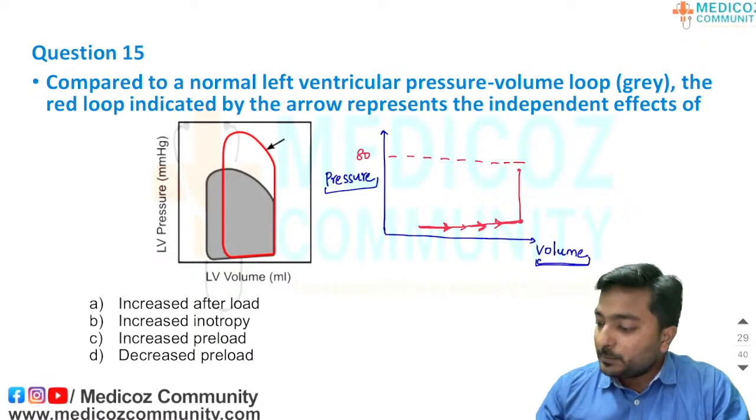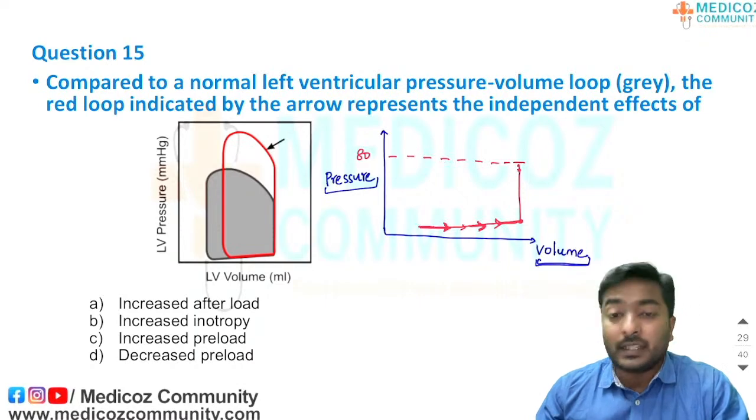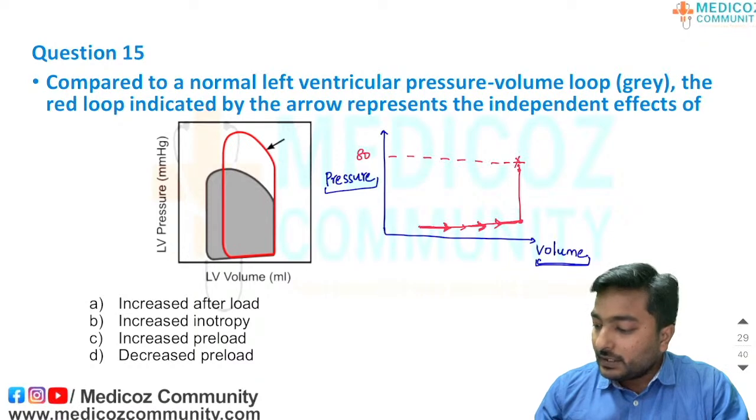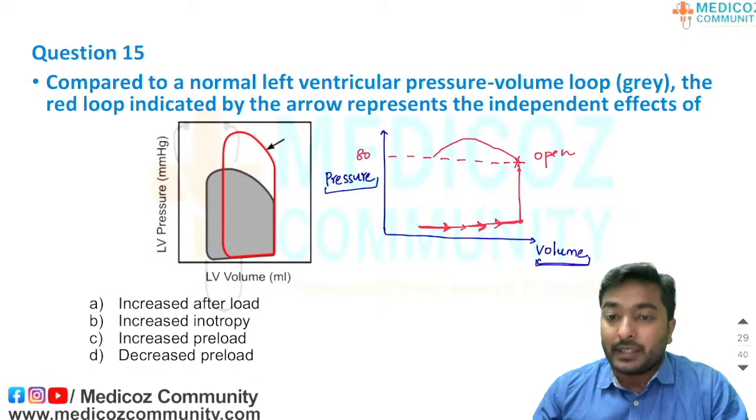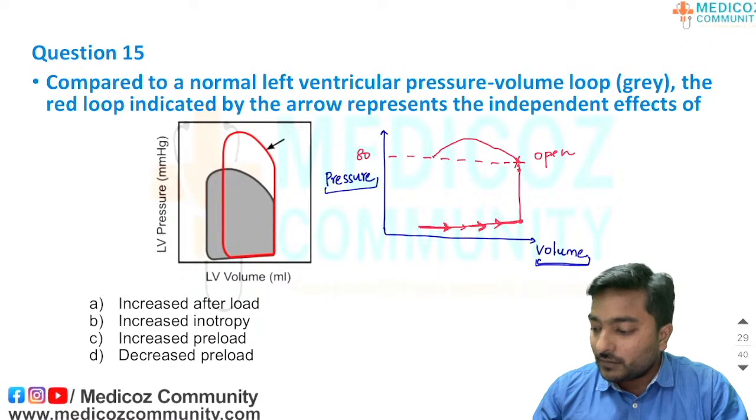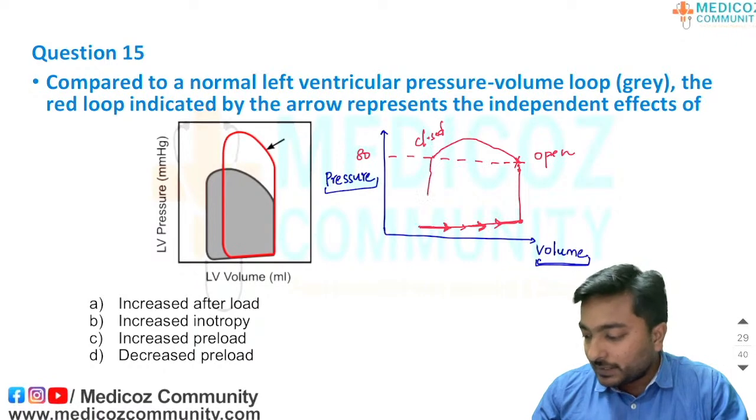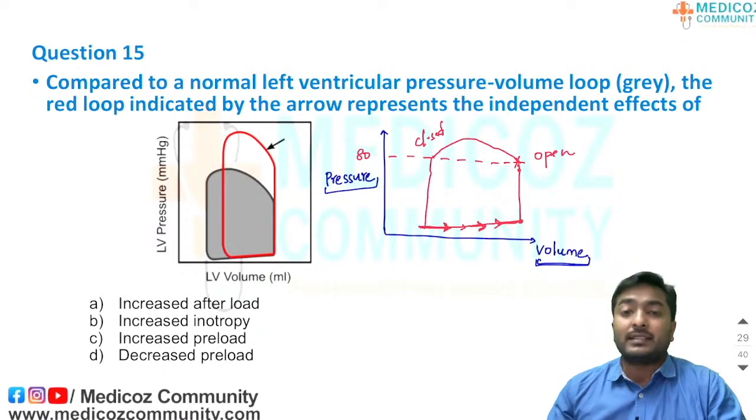Once the pressure generated in the ventricle crosses the pressure in the aorta, the semilunar valve opens and the rapid ejection phase begins, followed by the slow ejection phase. Once the pressure in the aorta becomes higher than the ventricle, the semilunar valve closes again, and the filling phase begins again with isovolumetric relaxation.